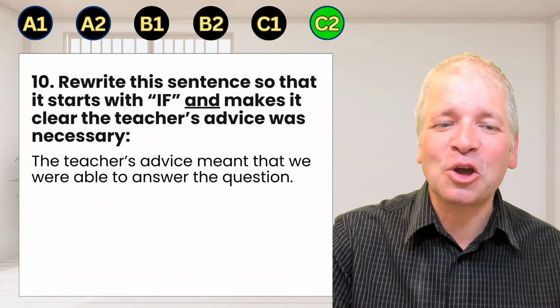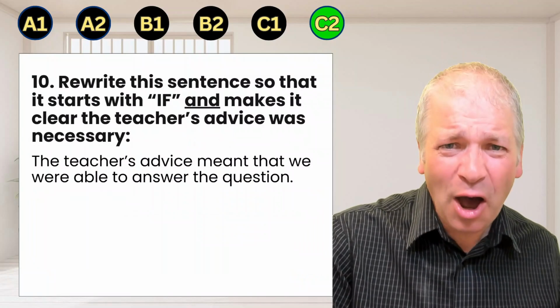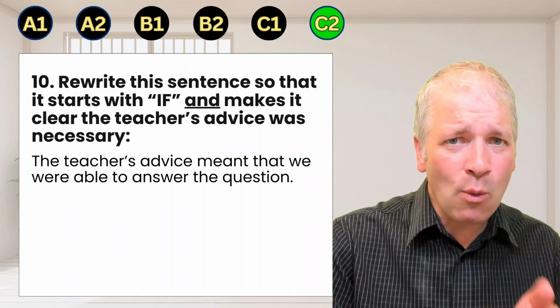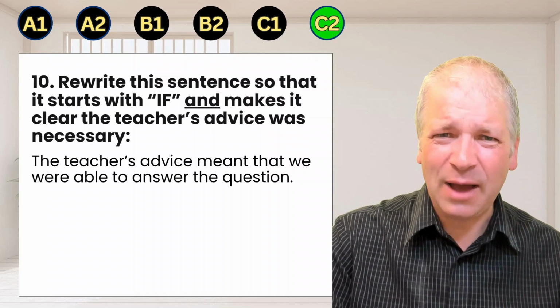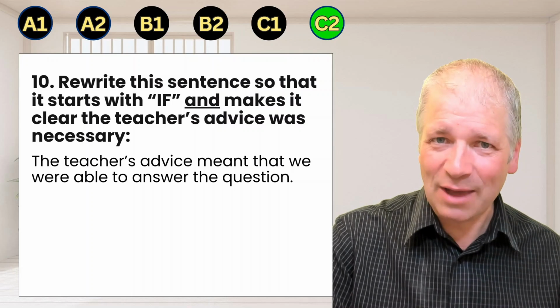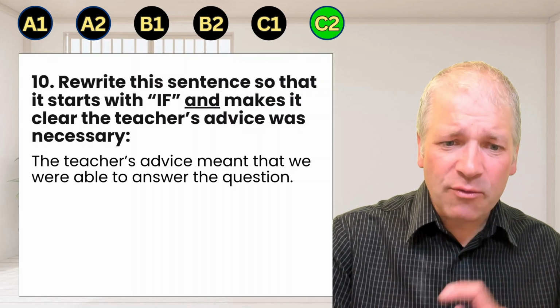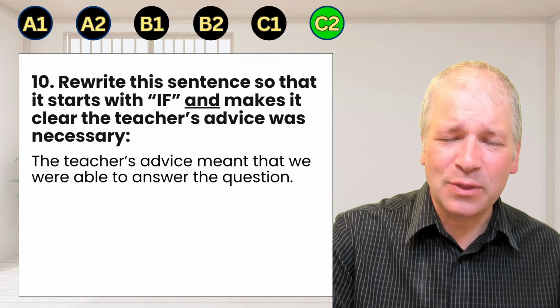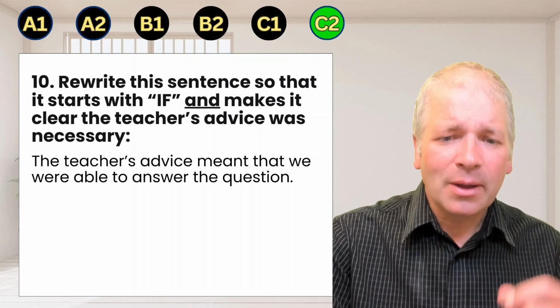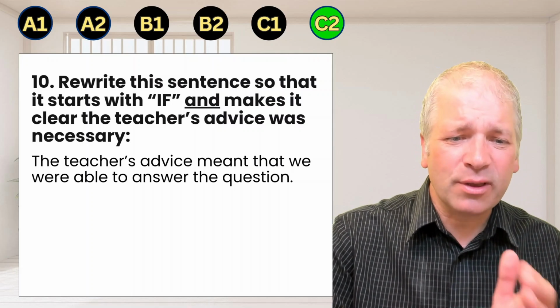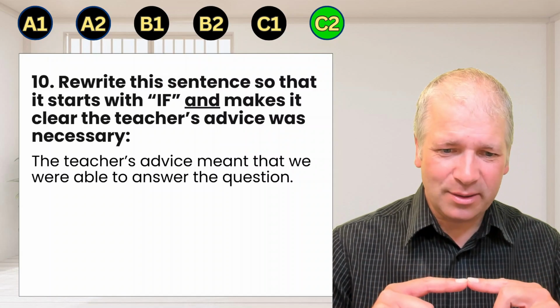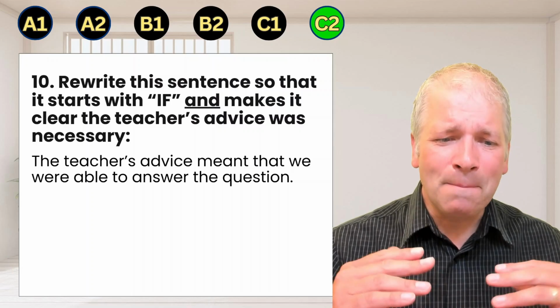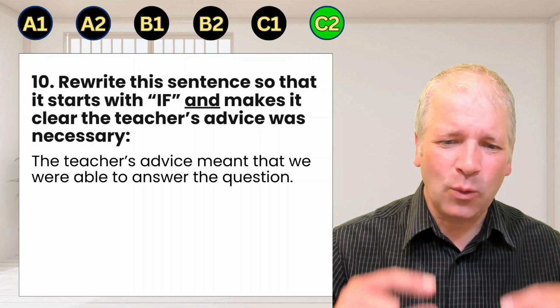Here's the last question, and it's more of a task than a question, and you may well need to slow your video down for this one because you'll have to think about it, no matter what level you're at. Rewrite this sentence so that it starts with if and makes it clear the teacher's advice was necessary. Here's your original sentence. The teacher's advice meant that we were able to answer the question.